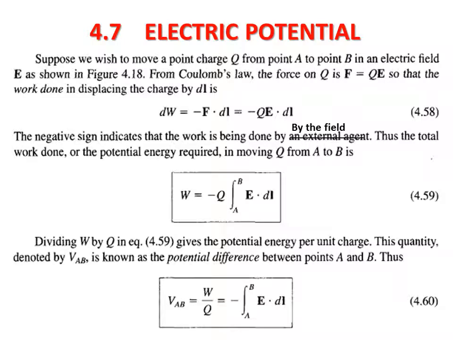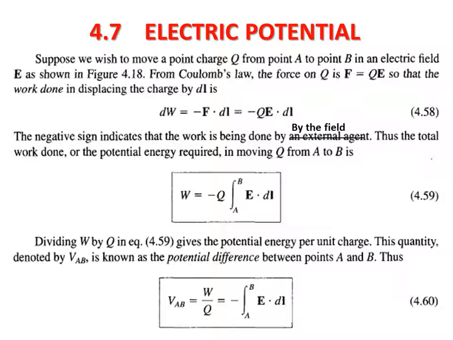When we talk about electrical potential, suppose we wish to move a point charge Q from a point A to point B in an electrical field E. The figure is shown in the next slide. From Coulomb's law, the force on Q is F = QE, so the work done in displacing the charge by dl is dW = -F·dl = -QE·dl.